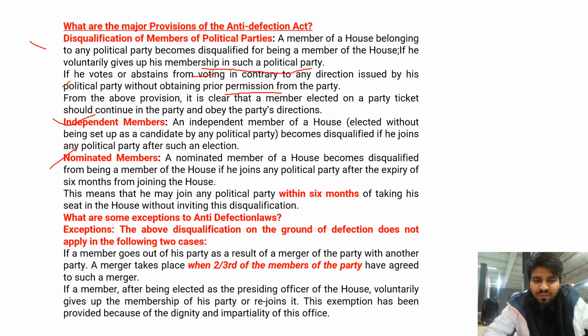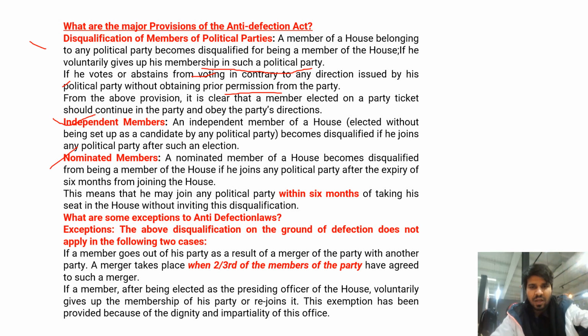But nominated members, if they join any political party after the expiry of 6 months, also become disqualified under the anti-defection law, right? A nominated member of the house becomes disqualified from being a member of the house if he joins any political party after the expiry of 6 months. Okay, it means he can join any party within 6 months, not after 6 months, right? After 6 months, if they join, their membership will become null and void.